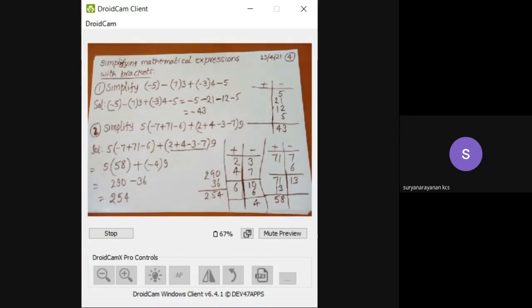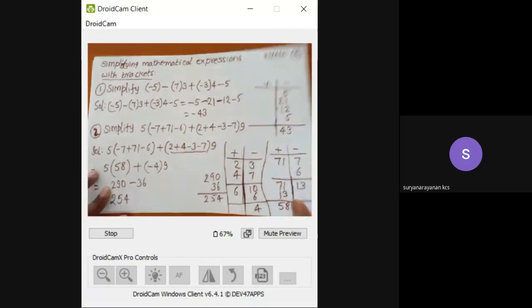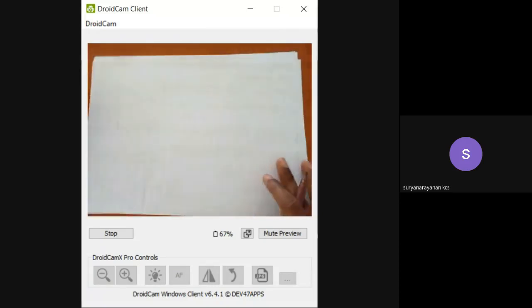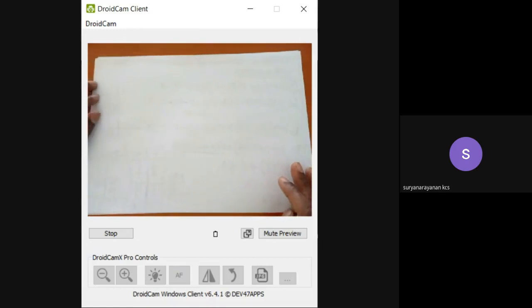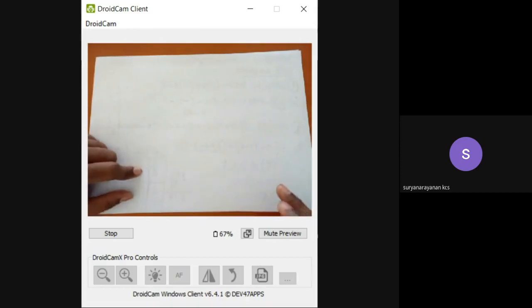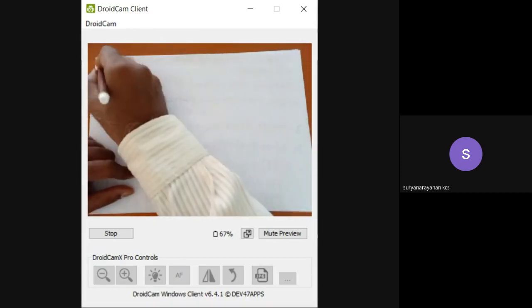Okay, my dear children. Yes, very good. Janesh, very good. Now let us take another example. How to simplify a mathematical expression with brackets.